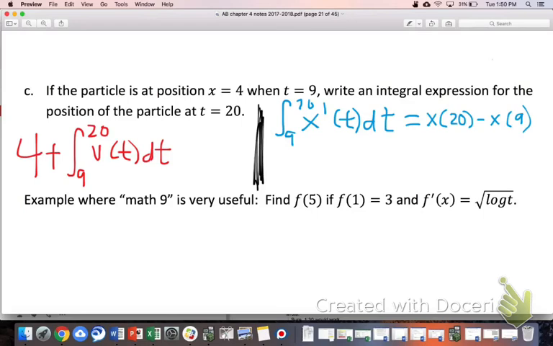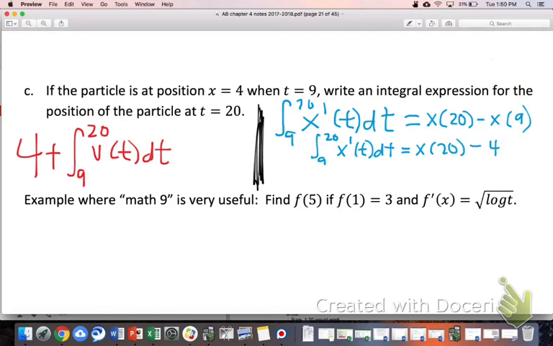Wouldn't the integral undo the derivative? And then we know that x of 9 is 4. So we'd say, integral from 9 to 20 of x prime equals x of 20 minus 4.